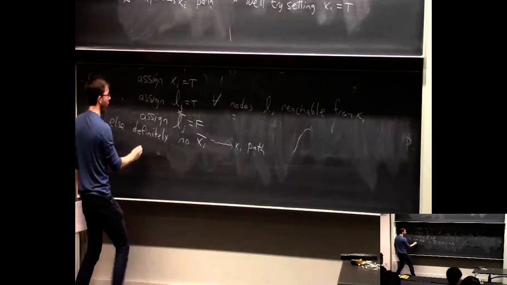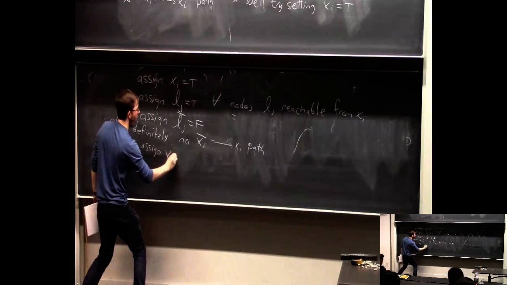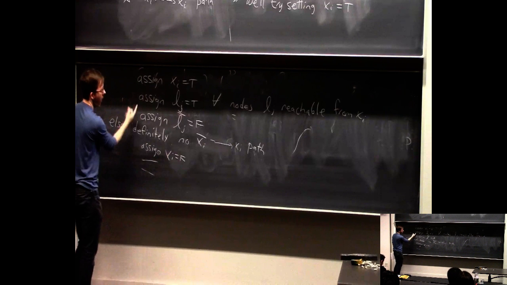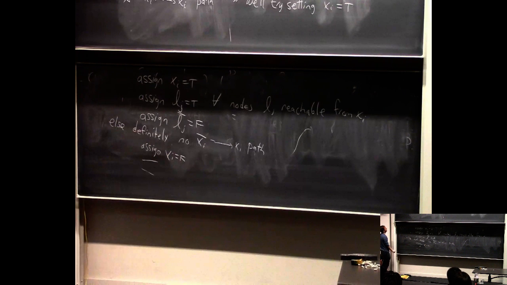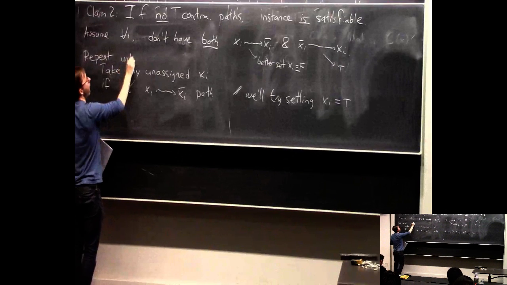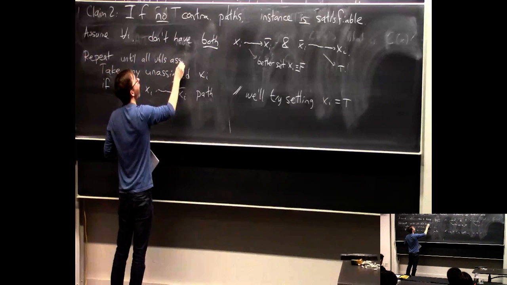And so now we're going to assign xi to be false, and we'll do the other obvious things. And we'll repeat until all variables are assigned.